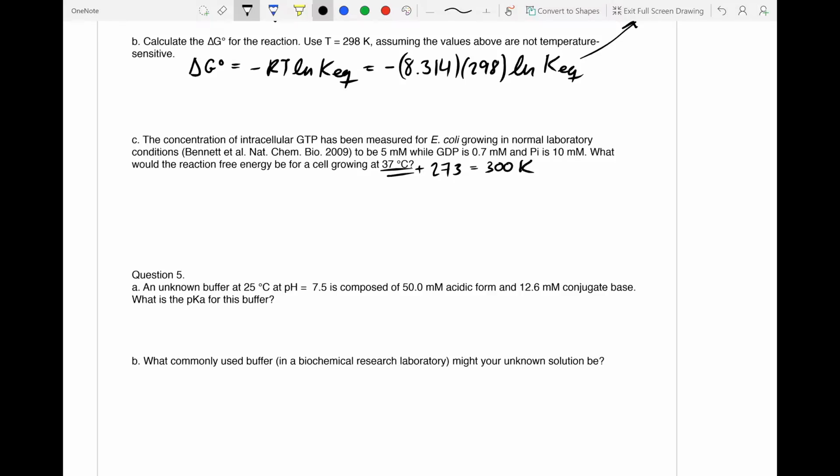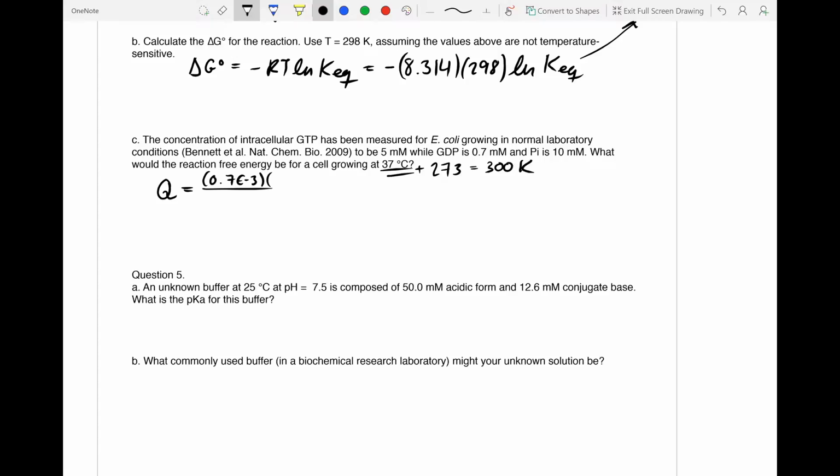Okay, and this doesn't necessarily say that it's at equilibrium, so we're going to want to compute the Q value, which is related to K, as we'll see. The difference is that Q is the constant for the reaction when it's not at equilibrium.